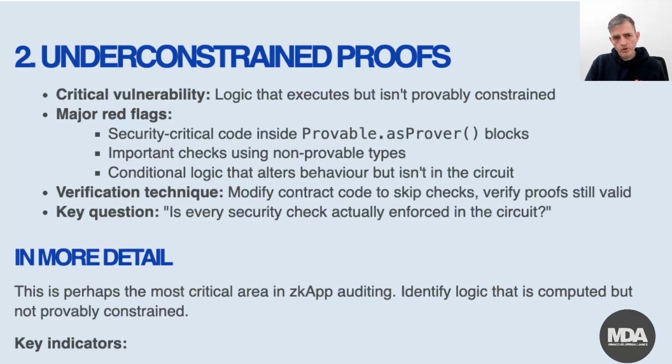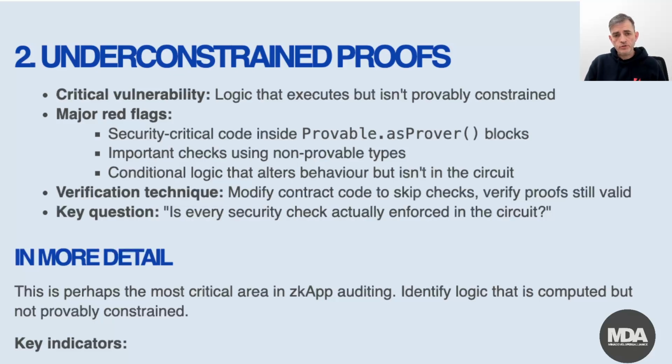And when we're looking for this, major red flags are that there is code that is security critical but it is inside a Provable.asProver block, or there are important checks that are using non-provable types, or there is conditional logic that could alter the behaviour of our program but it isn't within the circuit.